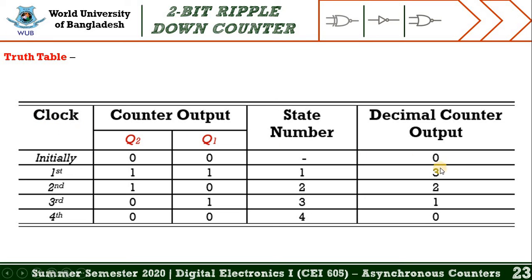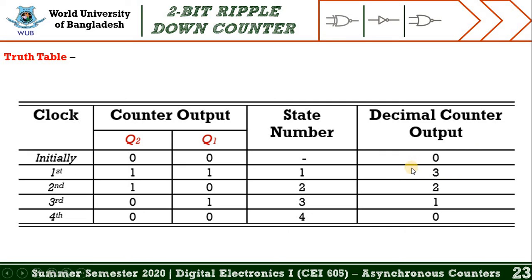Most of the things are the same, but if we look at the decimal counter output of the 2-bit ripple up counter, you may find the first row is 0, after that 1, 2, 3, then again 0, 1, 2, 3, which is actually an ascending order, incrementing by 1. That's why we called it a 2-bit ripple up counter.